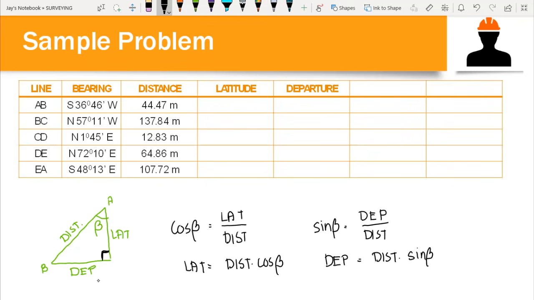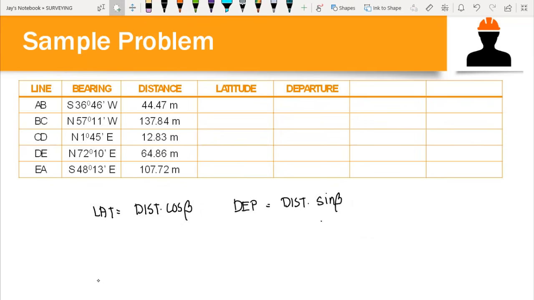Departure can either be east or west. If east, that means a positive departure. If west, that means a negative departure. Okay, so these formulas are used to compute the latitude and departure respectively, and that is for each line.